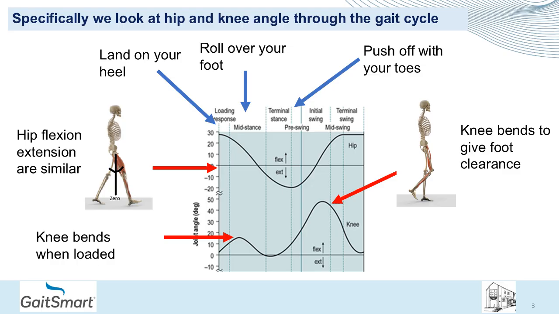When we walk and we bend the knee in the swing phase, it has to be bent sufficiently so that as it comes under the body, it doesn't catch things on the ground. So this seems sensible and very simple, but actually measuring it is extremely difficult.